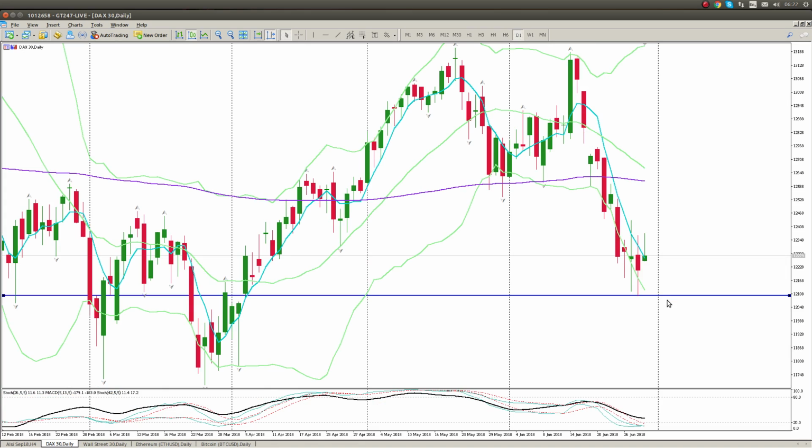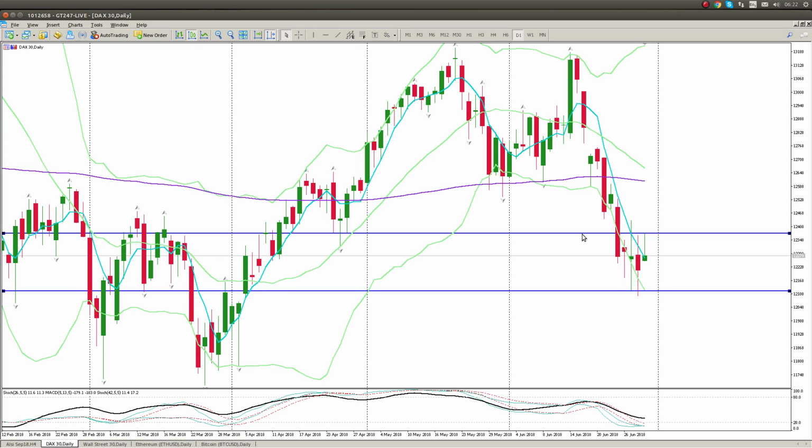The daily is still not giving us a very clear picture of what is going on. You can see we've got tails to the downside, tails to the upside. This thing is still pretty much confused. And remember what I said on last week's Thursday.